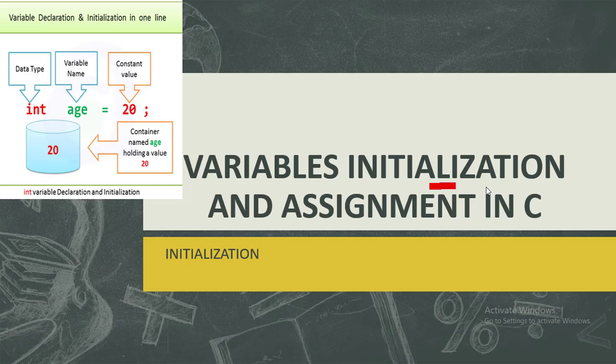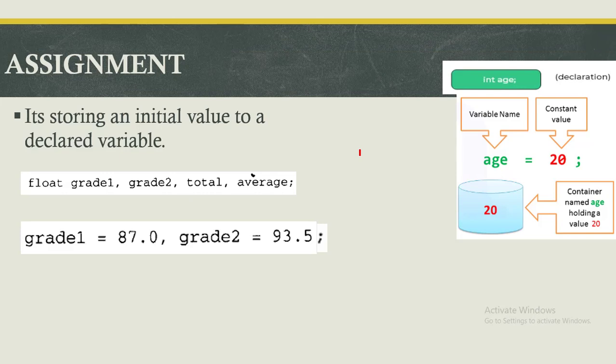We shall be looking at variable initialization and assignment in C programming. Back to our hotel example. You have a hotel that has a number of rooms. Initially, these rooms will not have any particular customer.